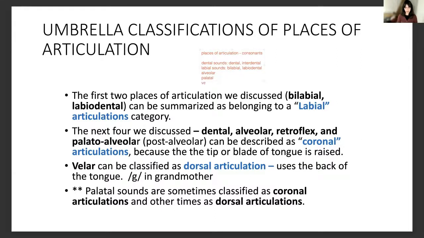And finally, we spoke about velar consonant sounds. So these are the different places where our obstruction of air can happen.